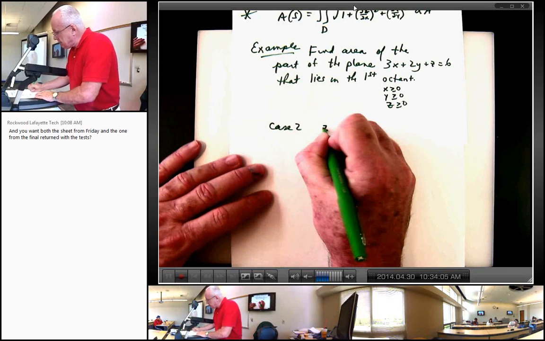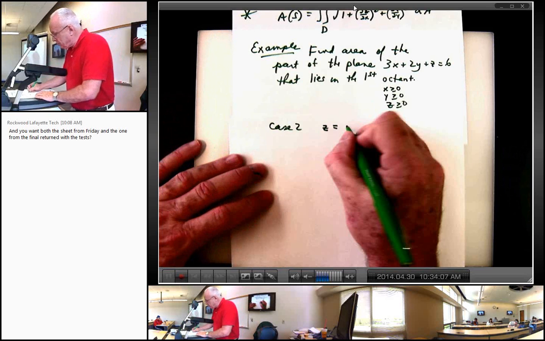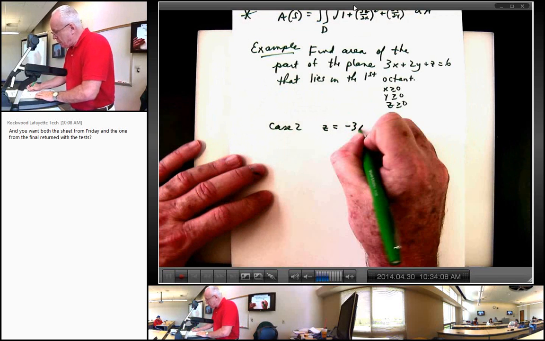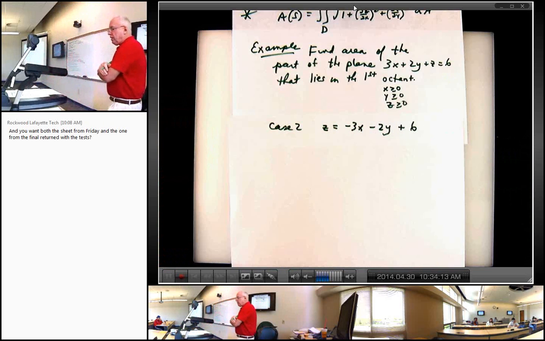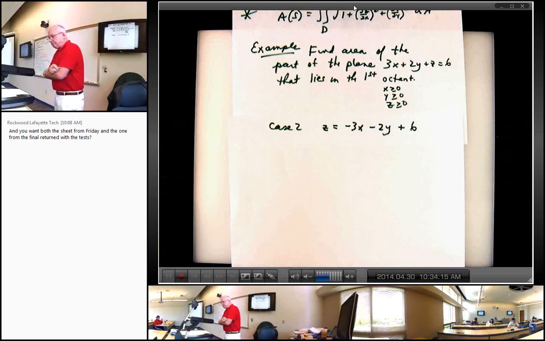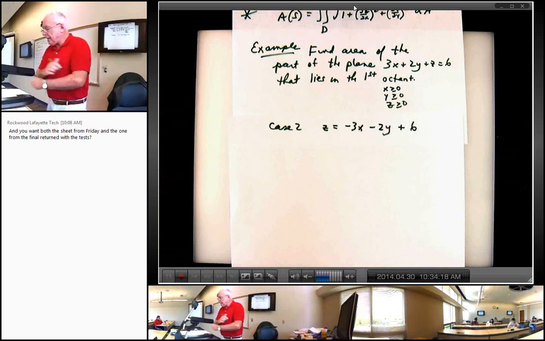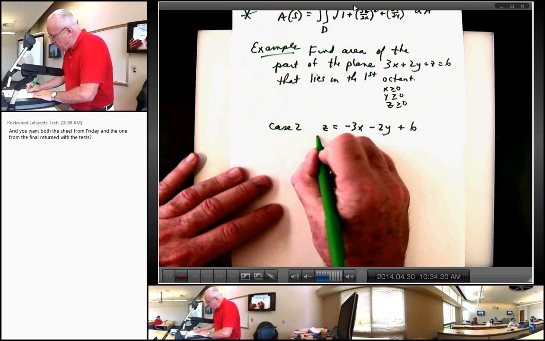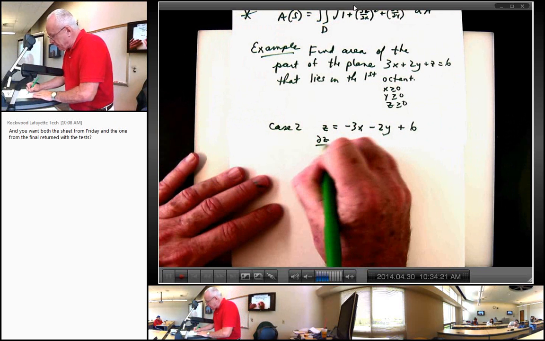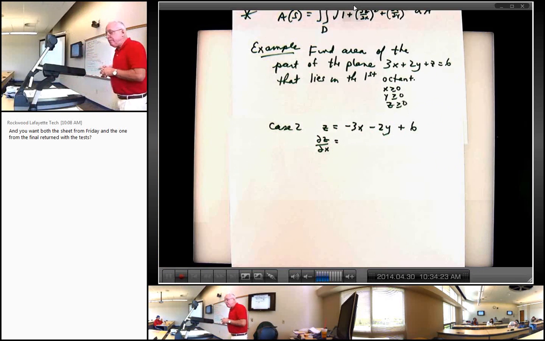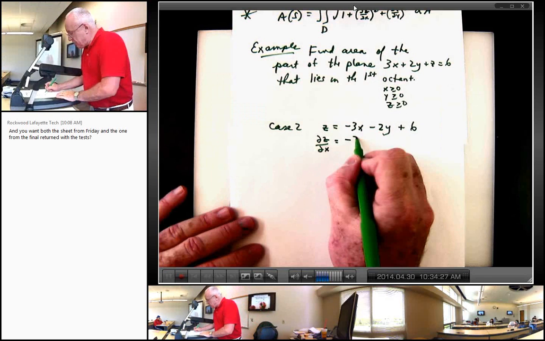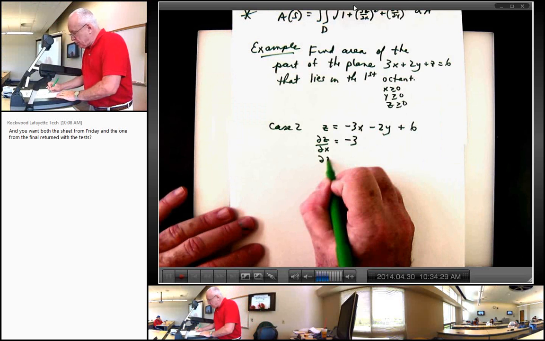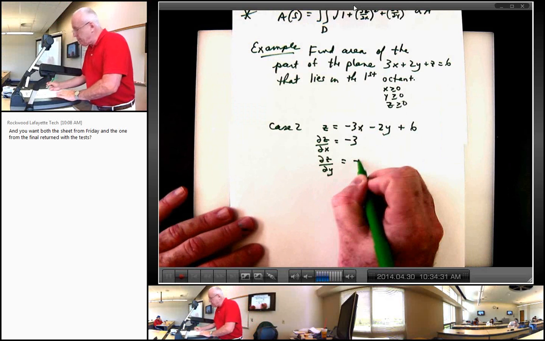So just isolate z, so z is equal to minus 3x minus 2y plus 6, and we have case 2. All right. I guess while I'm at it, we know we have to figure out the partial derivatives, which is pretty easy. Partial derivative with respect to x is going to just be minus 3. The partial with respect to y is just going to be minus 2.